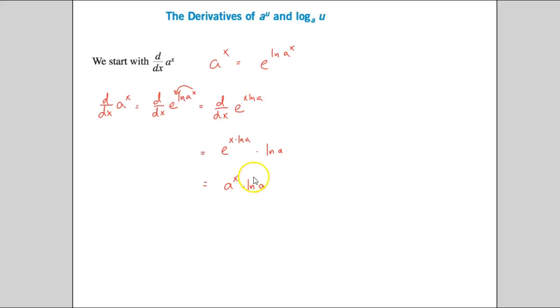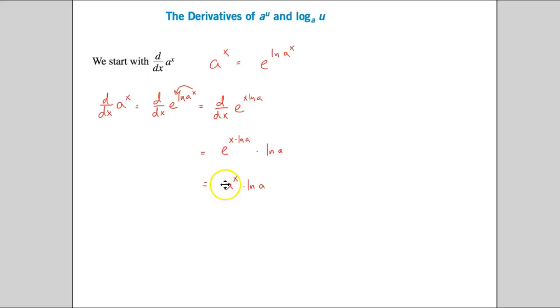Okay, so there's this scaling factor that takes these exponentials and scales them. They're derivatives, they're slopes. They're a little bit more steep if the natural log of that number is bigger than 1, and they're a little less steep if that natural log of that number is less than 1.